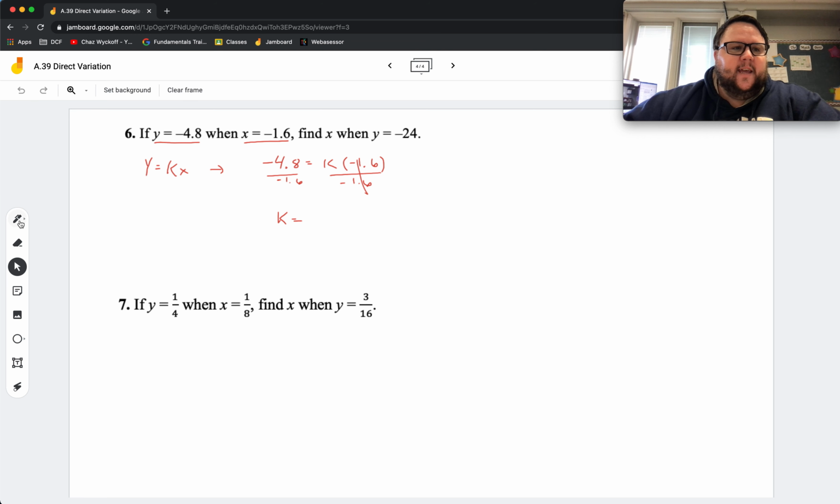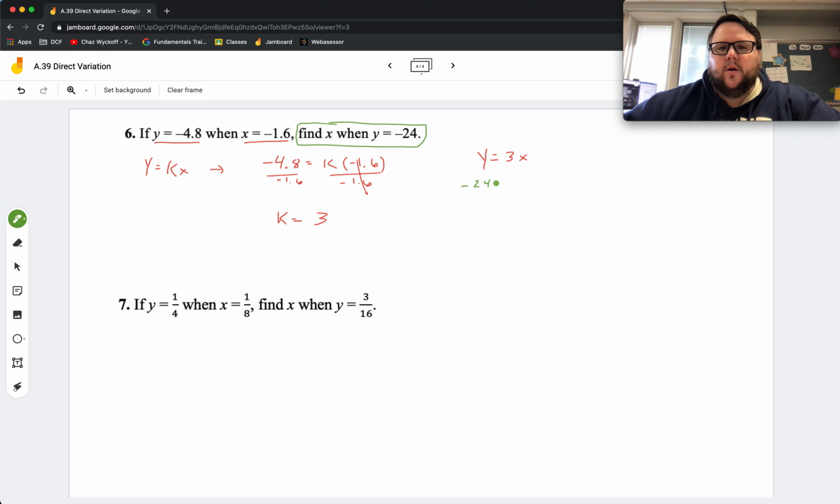All right, k equals 3. So now we can plug into our equation, y equals kx. Well, y equals 3x. And they say find x. So now we're on the second part. Find x when y equals negative 24. So I'm going to plug in negative 24 for y.